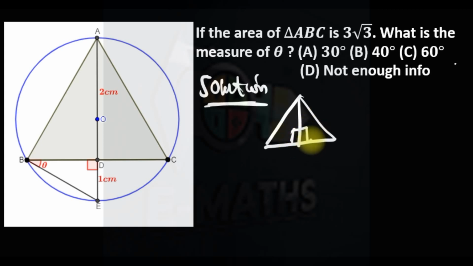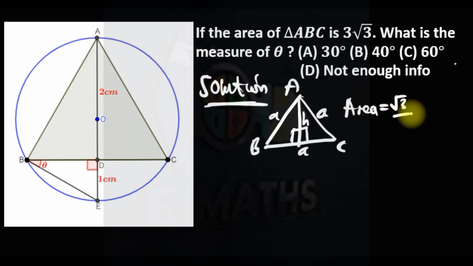So if you have an equilateral triangle of side A and height H, the area is root 3 over 4 A squared in terms of the side, or root 3 over 3 H squared in terms of the height. So for every equilateral triangle, the area is always this or this. It's a special formula. And in the question, they gave us the area as 3 root 3.